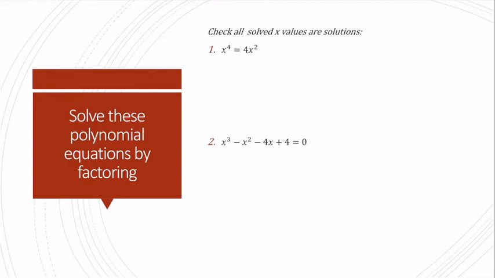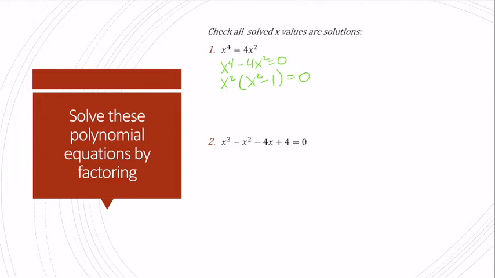Next, let's go ahead and look at these two. We want to check that all solved x values are solutions in the end. So I've got x to the fourth minus 4x squared equals 0. I'm going to pull out the greatest common factor. That gives me x squared times x squared minus 4 equals 0.